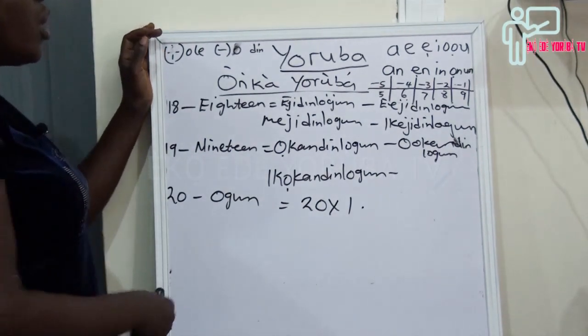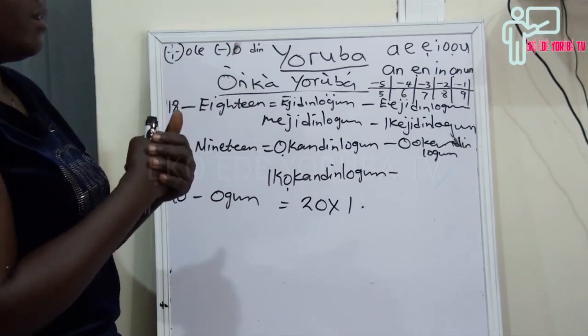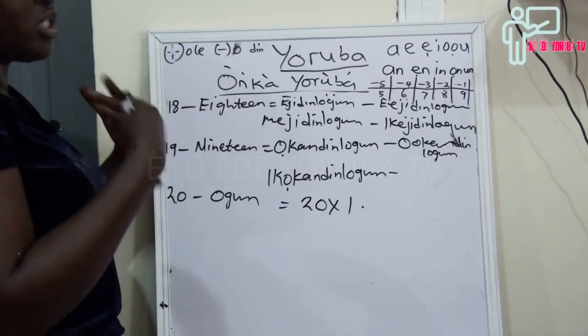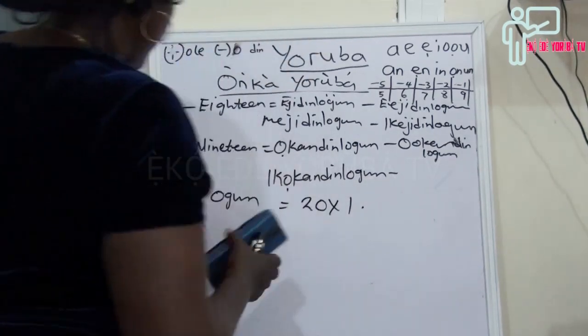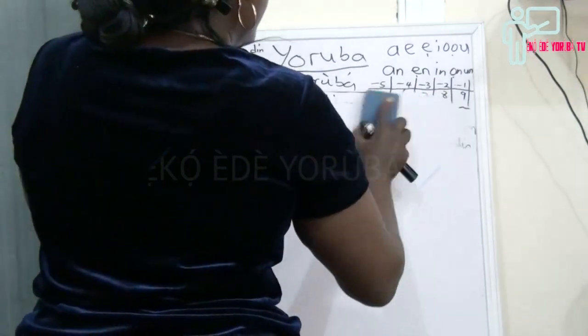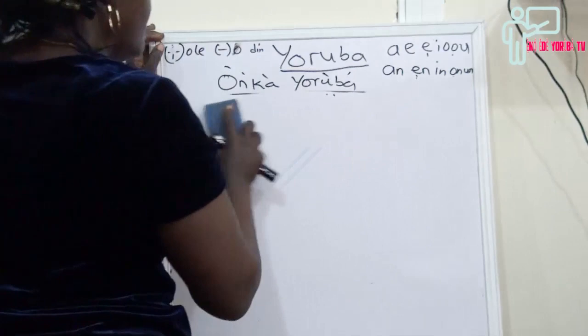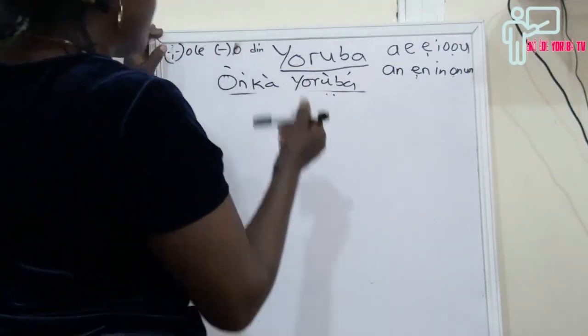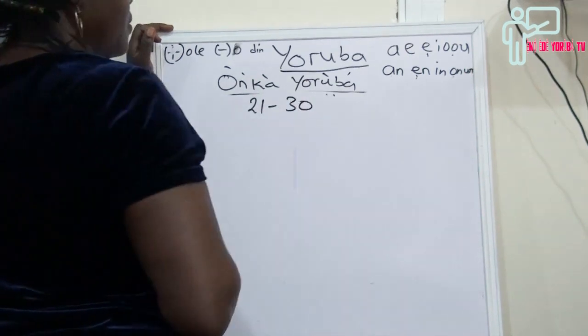But so far you know 20. You know 1 to 9. So the remaining ones are not difficult again. This is 1 to 20 now. So let's say 21 to 30.